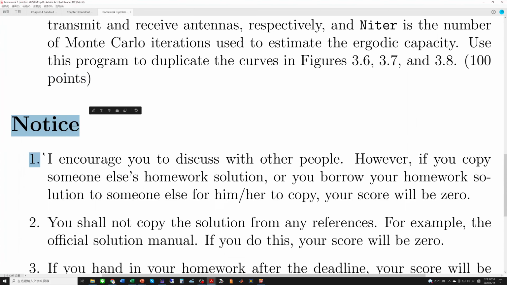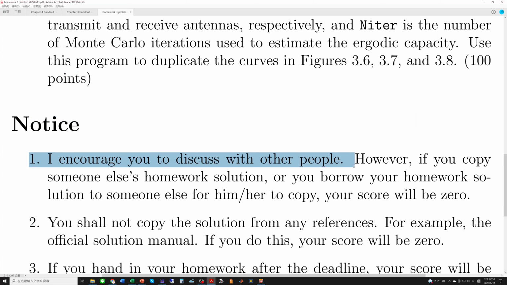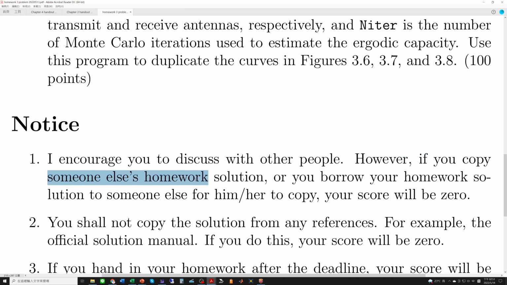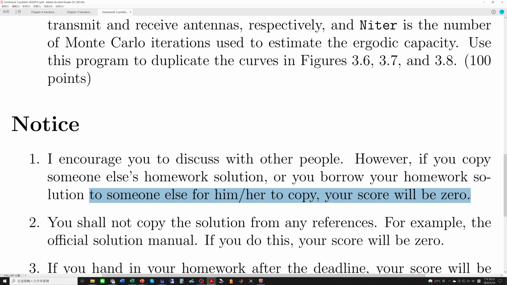Notice, first, I encourage you to discuss with other people. However, if you copy someone else's homework solution, or you lend your homework solution to someone else for him or her to copy, your score will be 0.